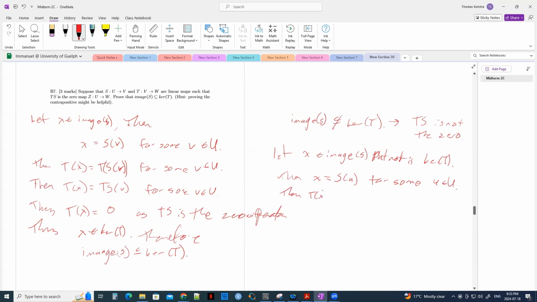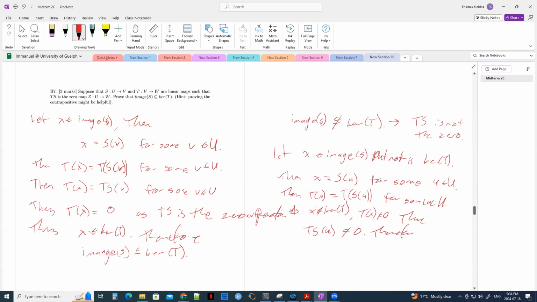Then T of X equals T of S of U for some U in U. As X is not in the kernel of T, T of X is not equal to 0, thus TS of U is not equal to 0.